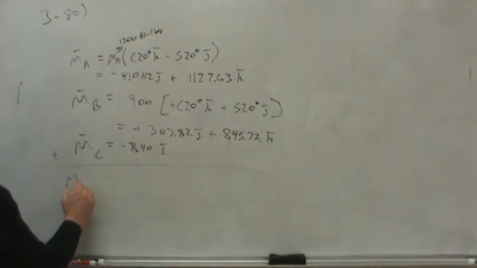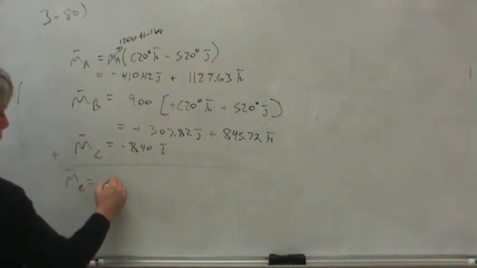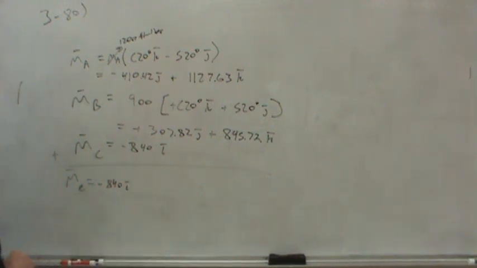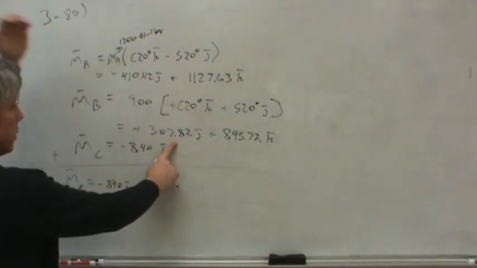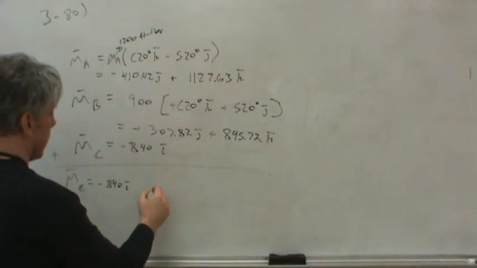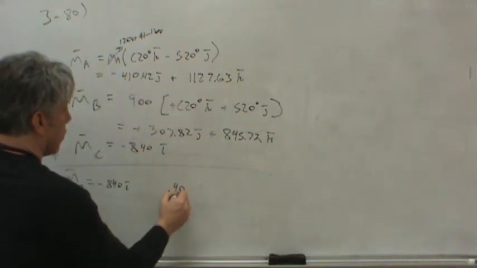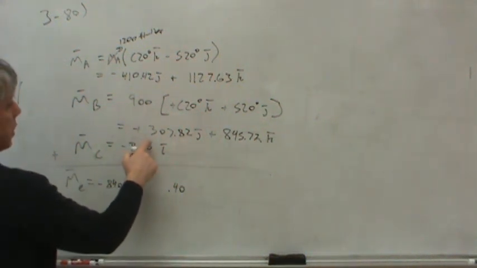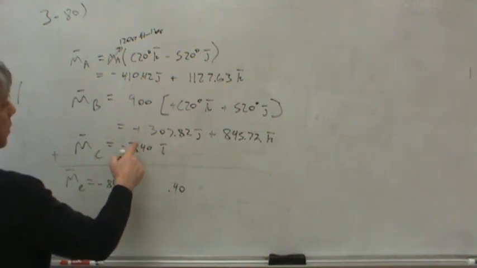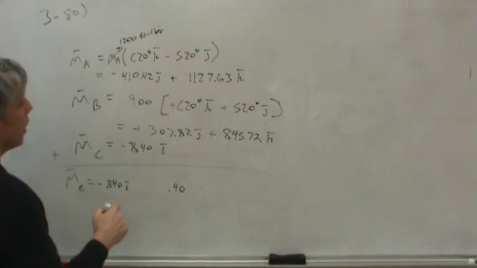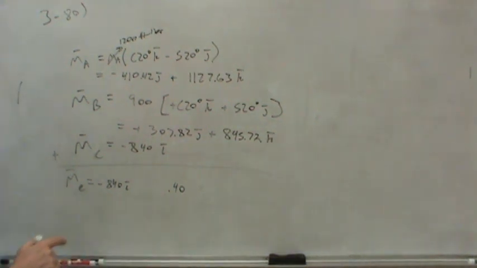So the equivalent couple would be negative 840i. Then all we have to do is add components. For the j component, we add these two together. So we're taking 410, the difference is what, 103?